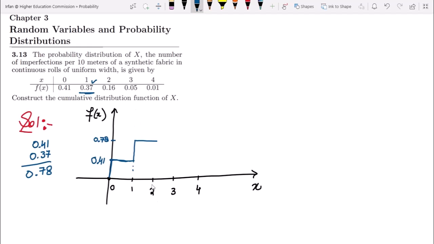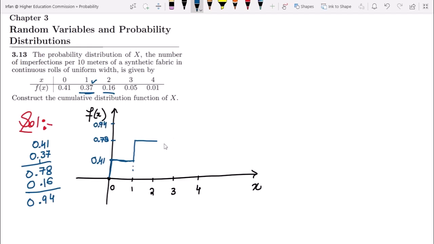When it reaches this 2, the value at 2 is 0.16. So let me add this 0.78 with this 0.16. Adding them together, what will I get? We will get 0.94, so let me have here 0.94.